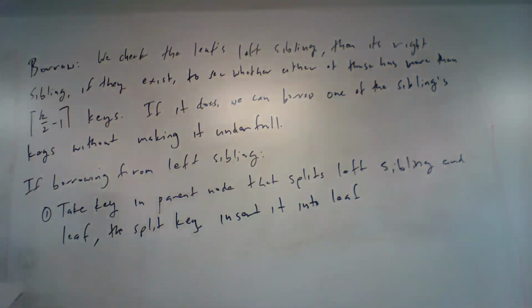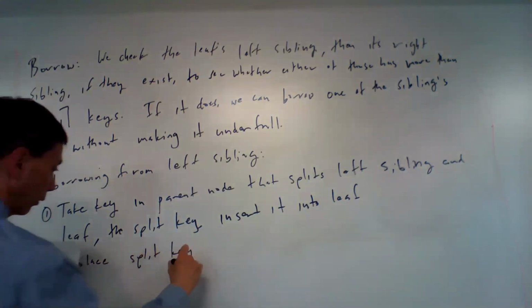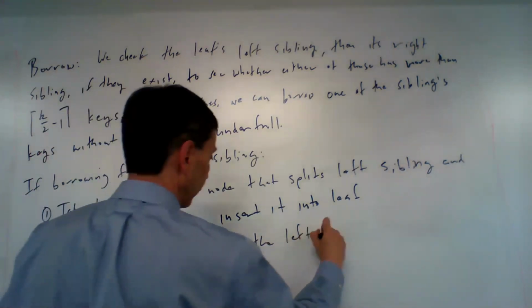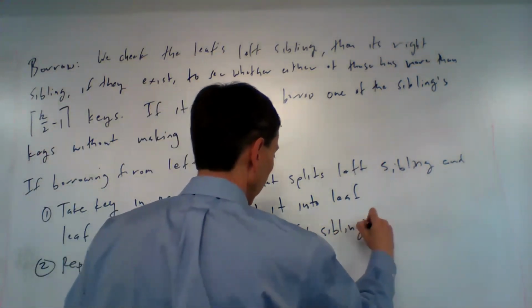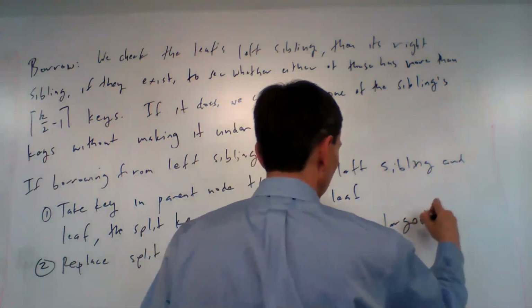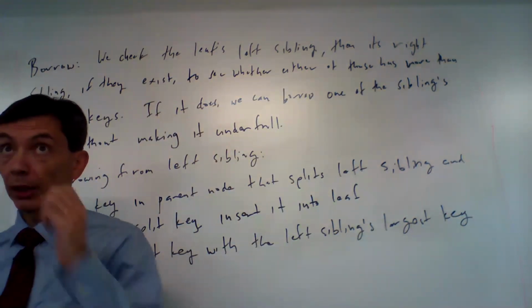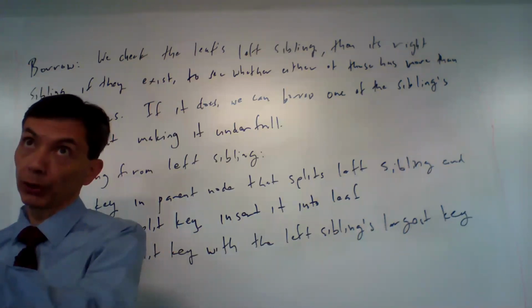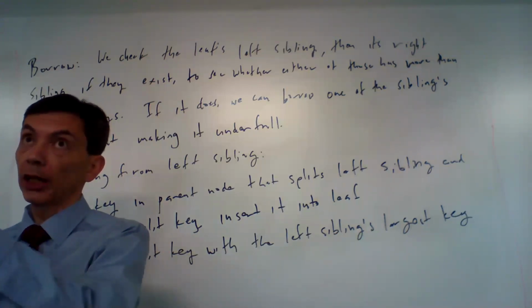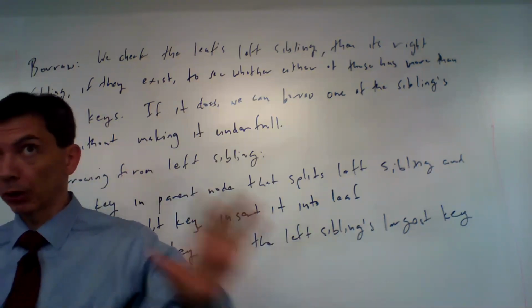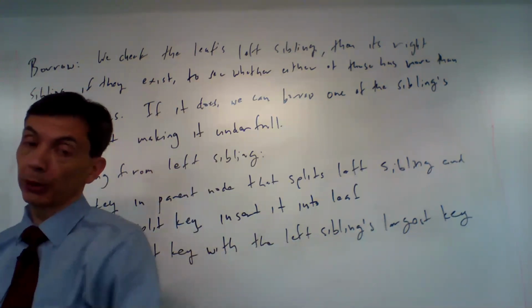Right? Second, we're going to replace the split key with the left sibling's largest key. So we take the last key in the left sibling and we move it back into the position where this split key used to live, and now we're fine, right? Because for that key, still everything on the left is smaller, and still everything on the right is bigger.